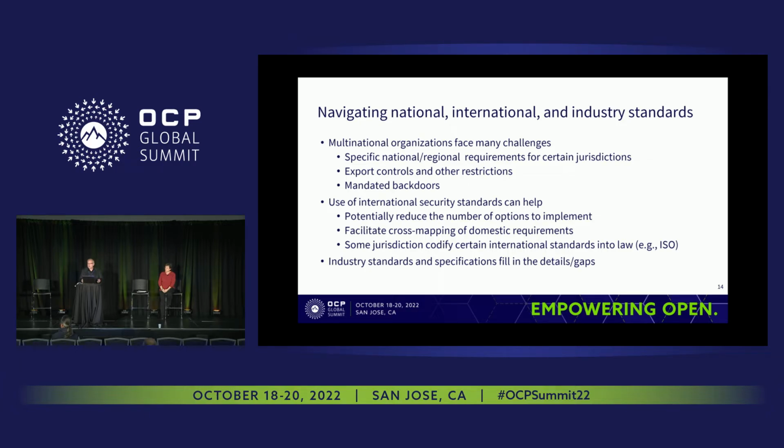Because standards don't necessarily, especially at the ISO level, cover every aspect of it. It may, for example, define the algorithm, but it doesn't necessarily tell you how to implement it or how to use it correctly, things of that nature. So we do have to work across multiple layers in the standard and specification space.